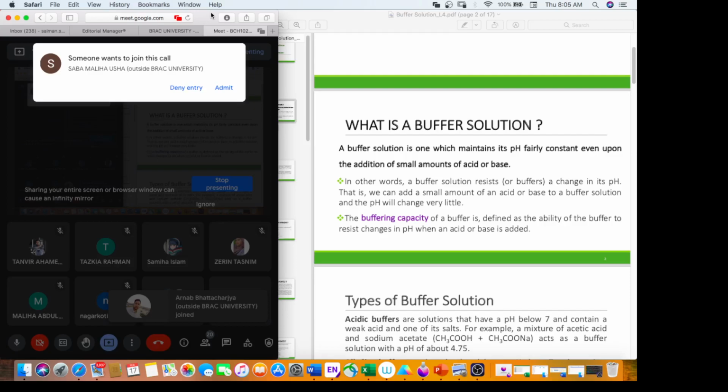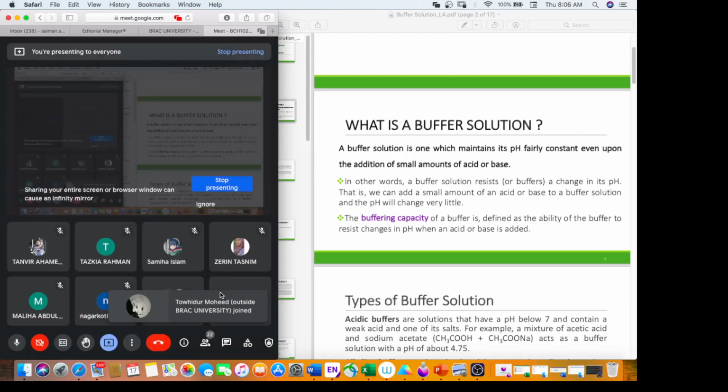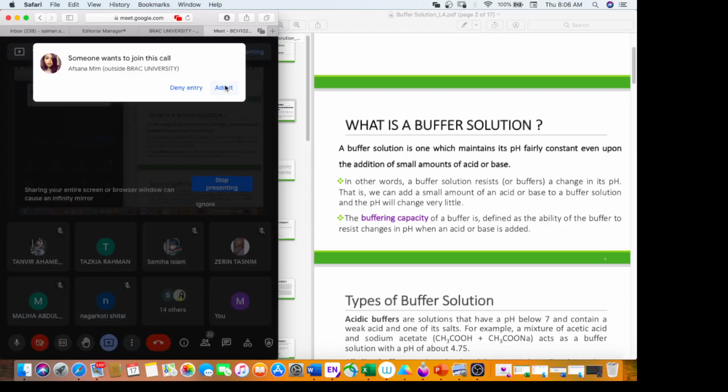So who can explain what a buffer solution is? Any one of you who can explain? Sir, I can. Okay, please try. Sir, a buffer is a solution which resists the change in pH even after a small amount of acid or base is added. Okay, good.